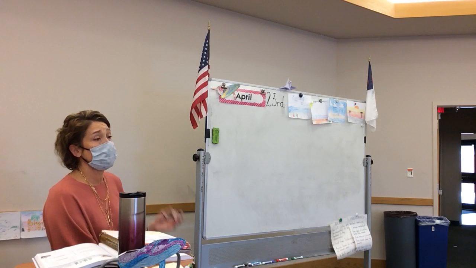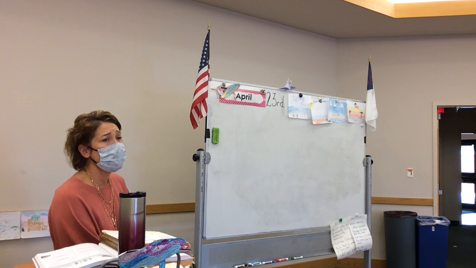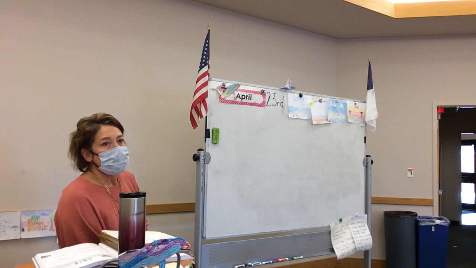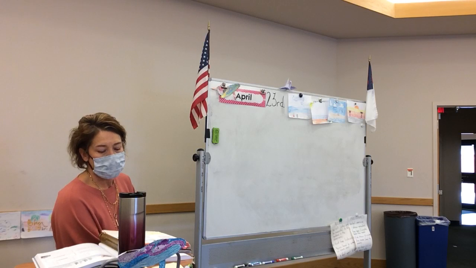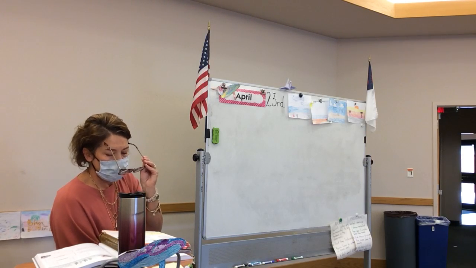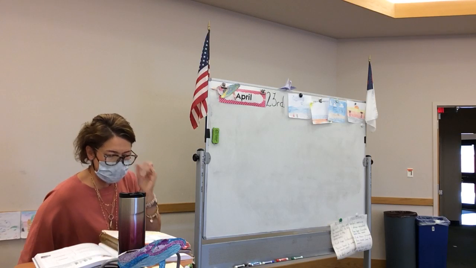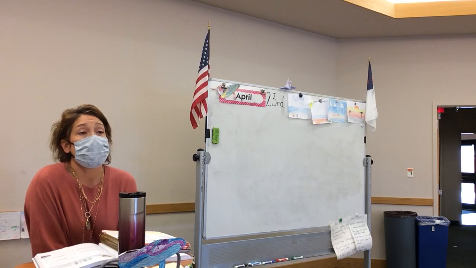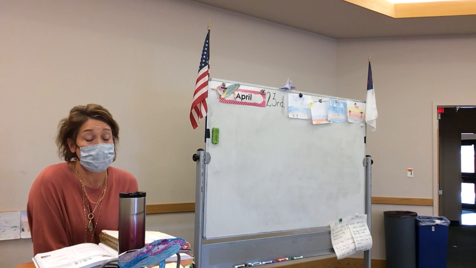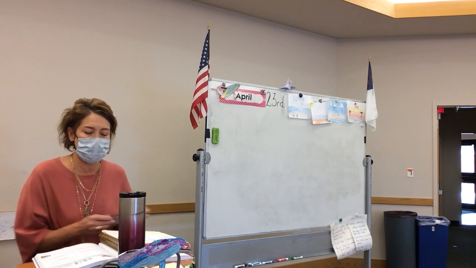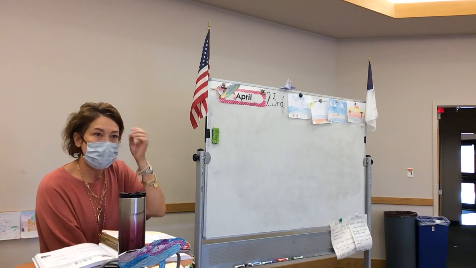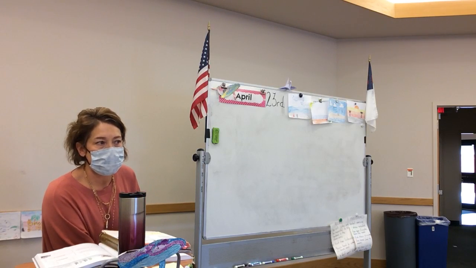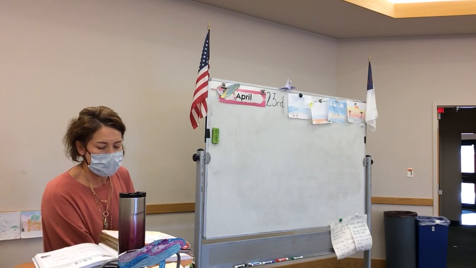Are we going to, bless you, are we going to add, subtract, divide, or multiply? Christian. Multiply. Yes. What are you going to multiply, Christian? 58 times 9 equals. Very good. 58 times 9.